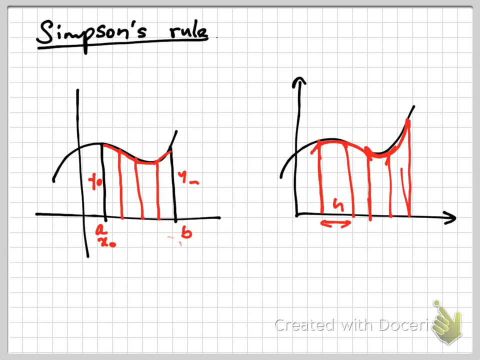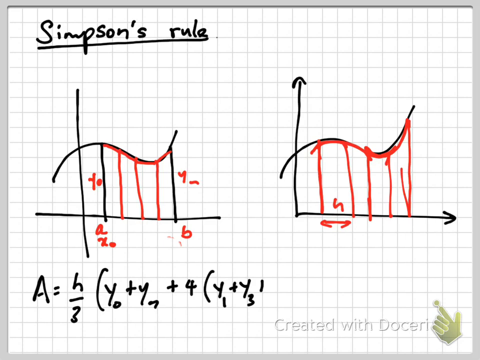Okay, I'll start over. So the area using Simpson's rule is h over 3 into y0 plus yn, that's the first and the last ordinate, plus 4 into y1 plus y3 plus yn minus 1.